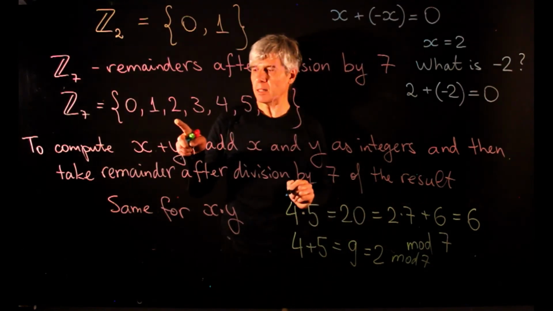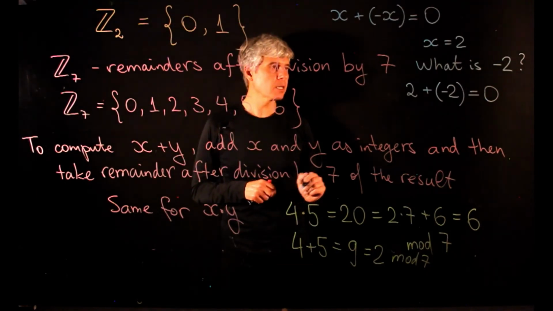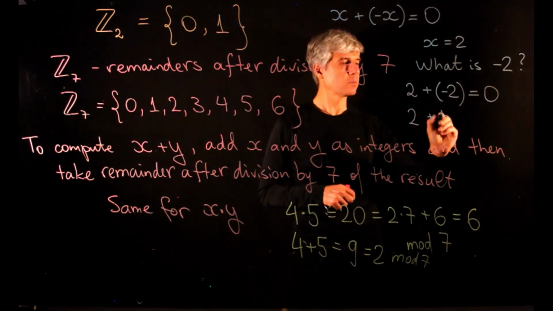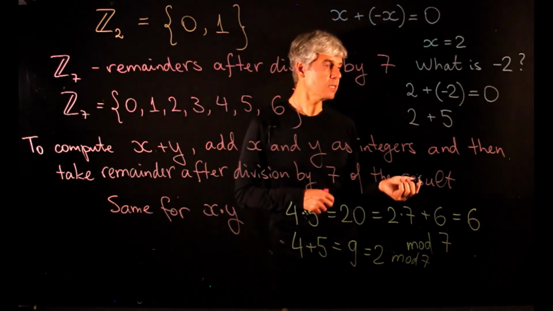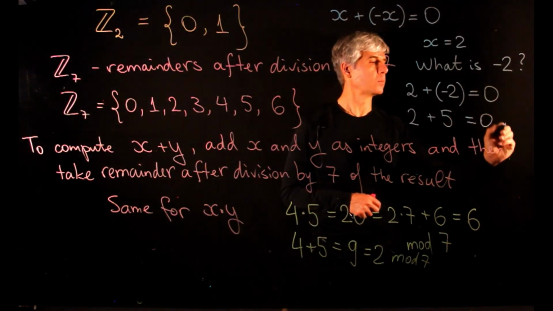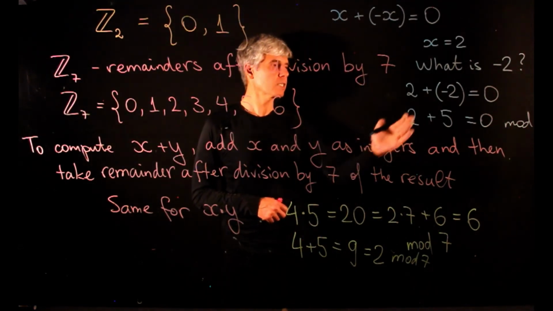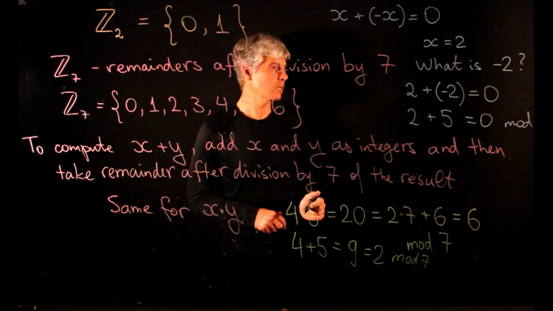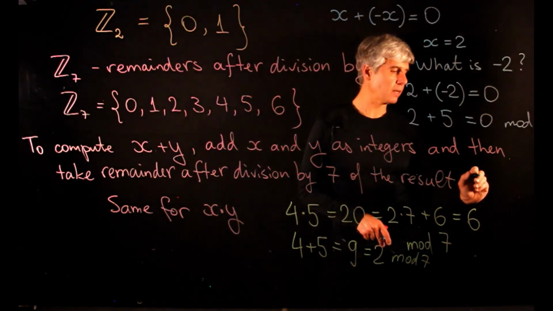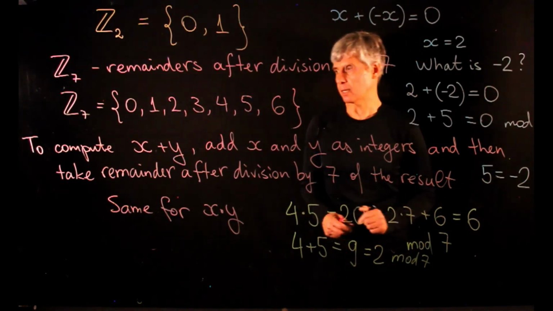Now, which element in this set should I take to get 0 as a result of adding to 2? Here we can easily see that 2 plus 5, which is 7 as an integer, will have a remainder of 0 after division by 7. So this means that 2 plus 5 in Z7 is equal to 0. And so this tells us that 5 is the negative of 2 in this set.